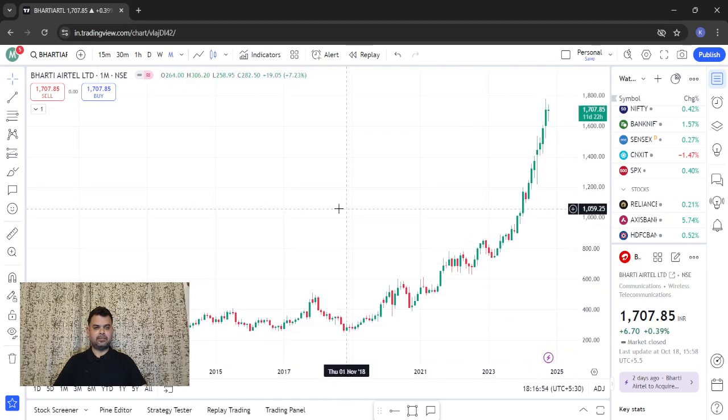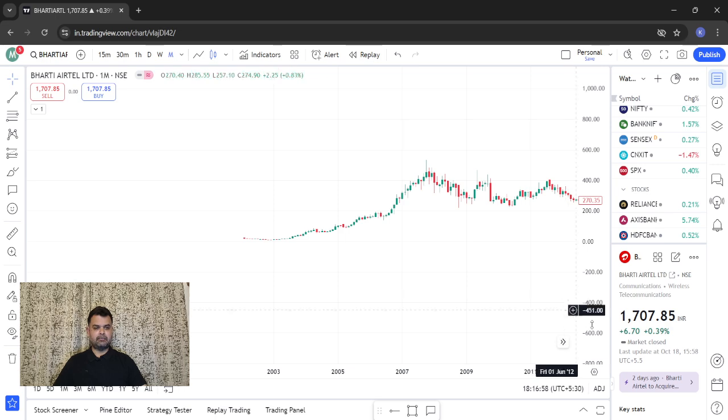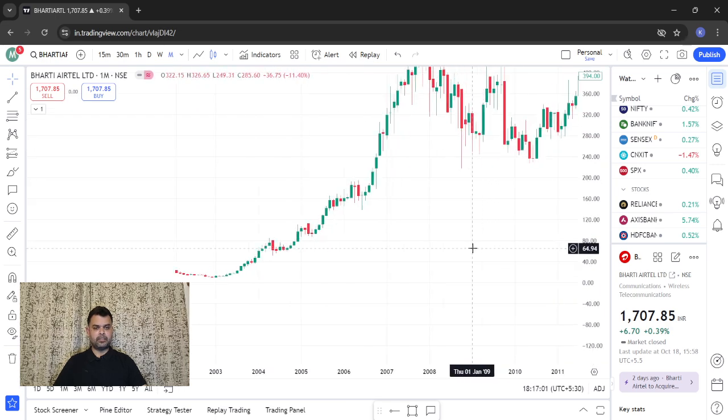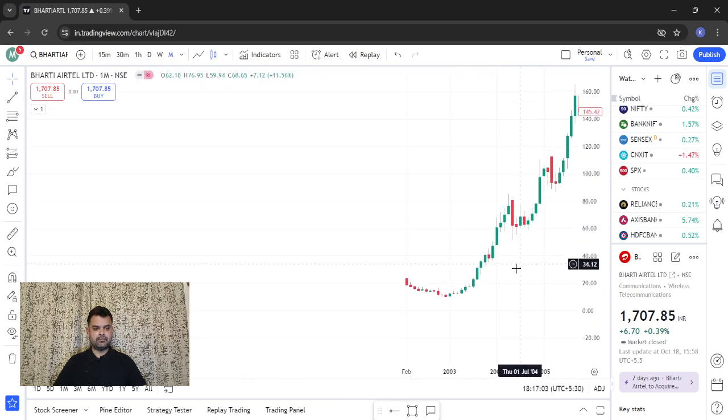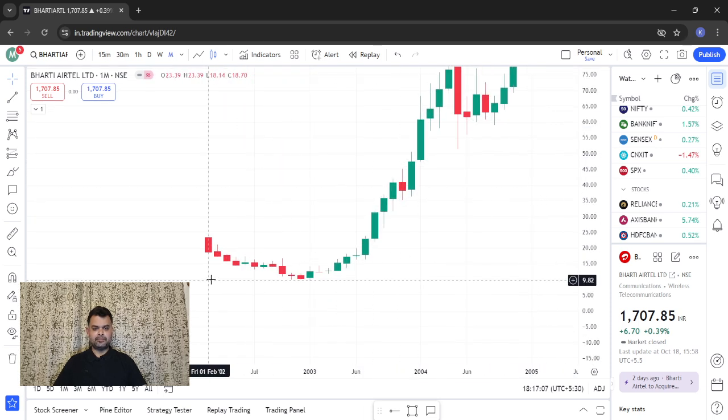So here we can see that Bharti Airtel Limited got listed on 1st of Feb 2002.